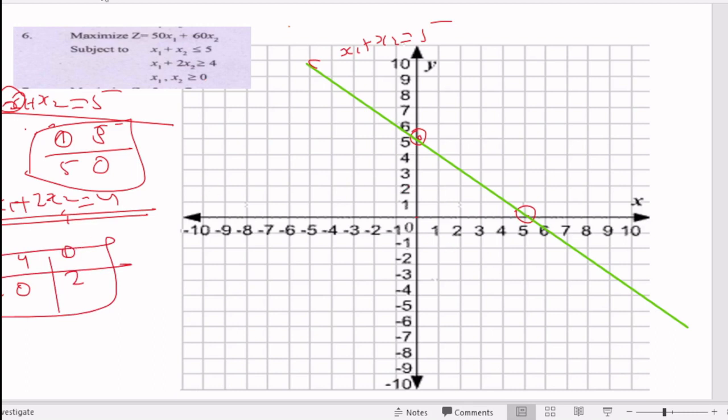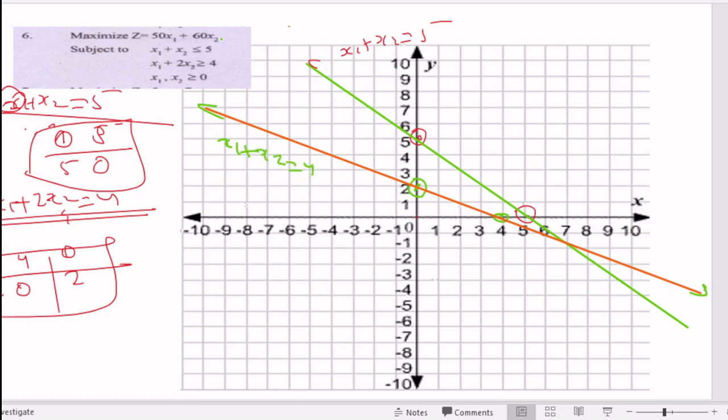Let's see when x1 is 4, x2 is 0, this point, and vice versa, x1 is 0 and x2 is 2. Let's draw this line also. Fine, we got this line. Equation name will be x1 plus 2x2 equal to 4.